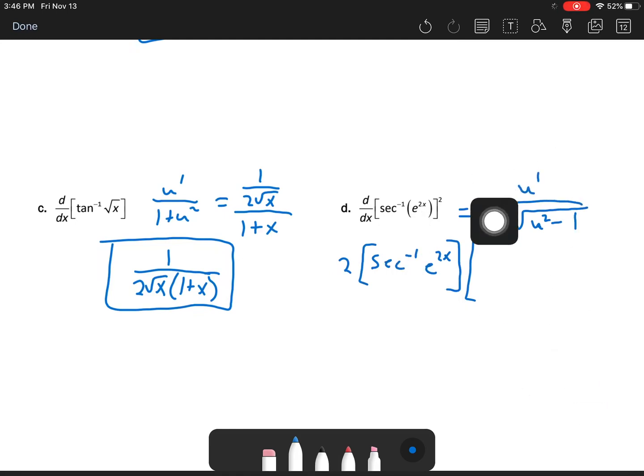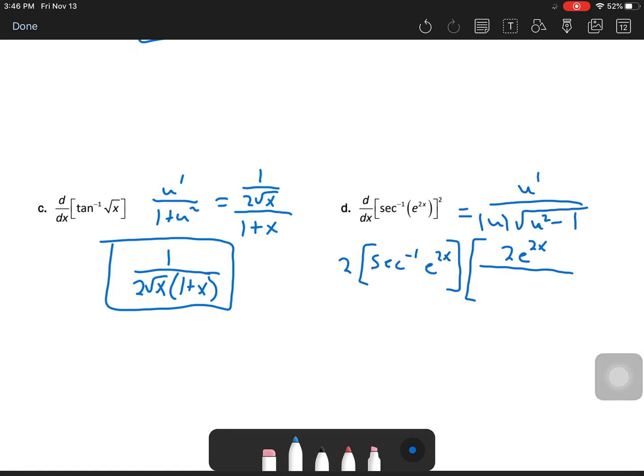So if I apply this formula to get the derivative of the inverse secant part, we know that's u prime, u being this e to the 2x. So the derivative of e to the 2x is e to the 2x times the derivative of 2x, which is 2. So it's going to be 2e to the 2x is what u prime is going to be for that part.